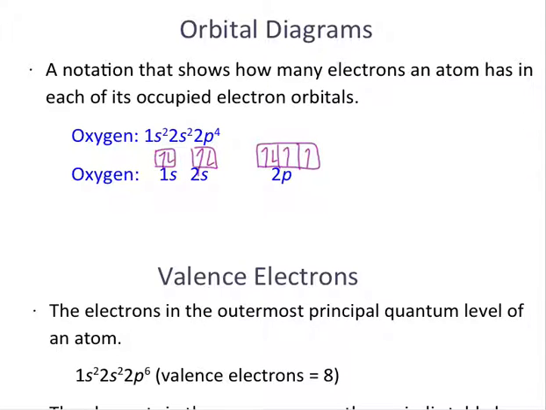So the rules that apply to some of these things, and I'm just going to do some scratch work. If we have a set of p's, we have to place them up singly with the same spin. So if we do that, that's a violation of Hund's rule because we're not placing them with the same spin. Another violation of Hund's rule would be doing that.